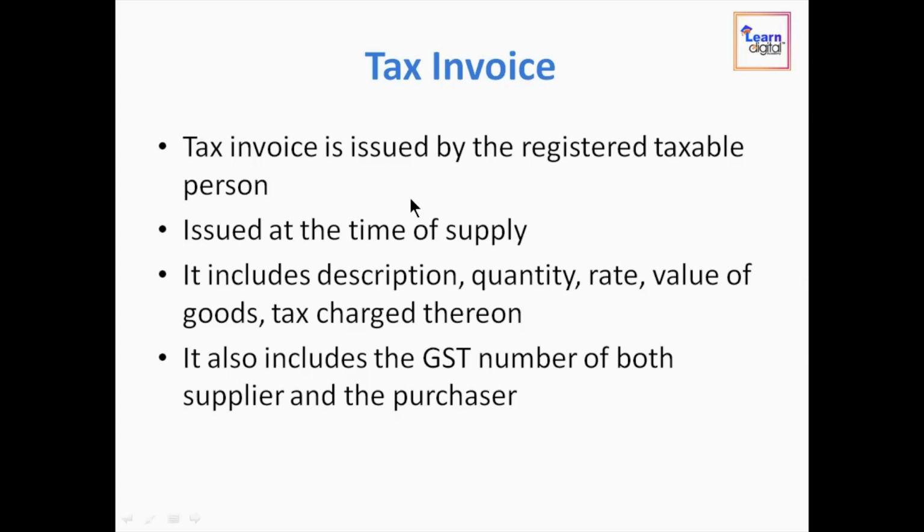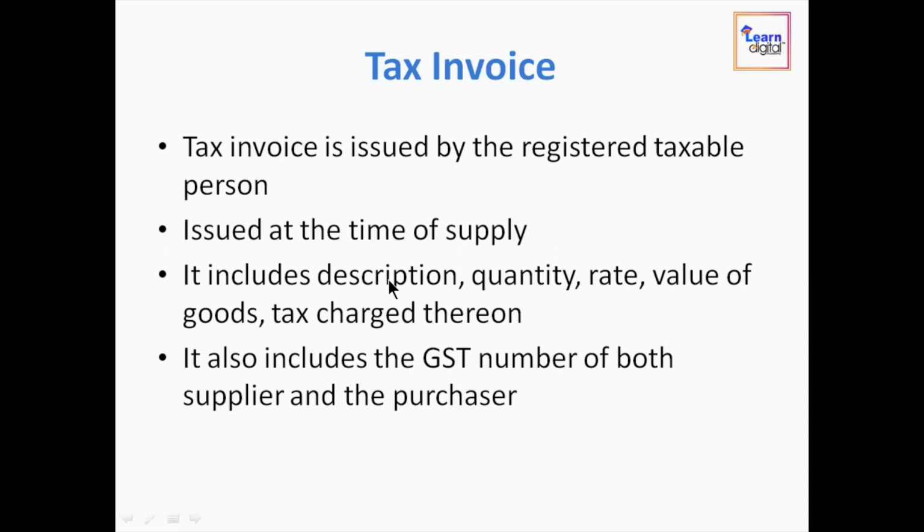By the registered taxable person, meaning the person who has registered his business on the GST portal. It is issued at the time of supply. Whenever goods are issued or whenever advance money is received, whichever is earlier, it is considered as the time of supply, and the tax invoice is issued at that time.